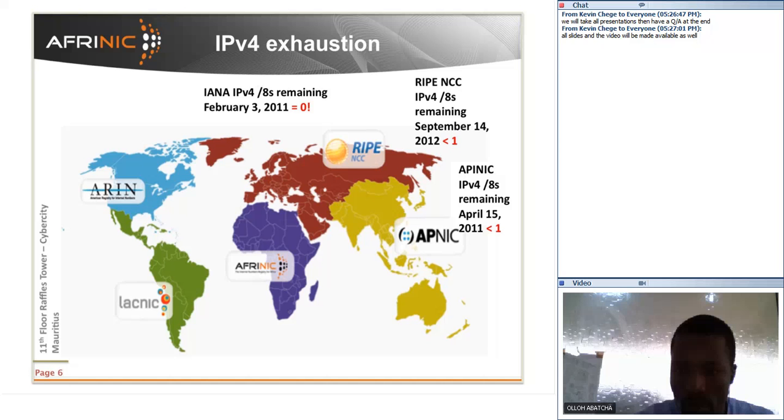They can only request a certain amount of space, and after that, they're asked to go to IPv6. So in these 2 regions, a lot of people now are moving to IPv6 simply because they cannot get more IPv4 from their RIRs.